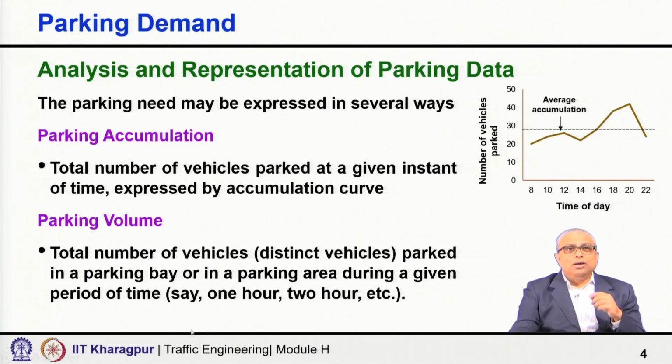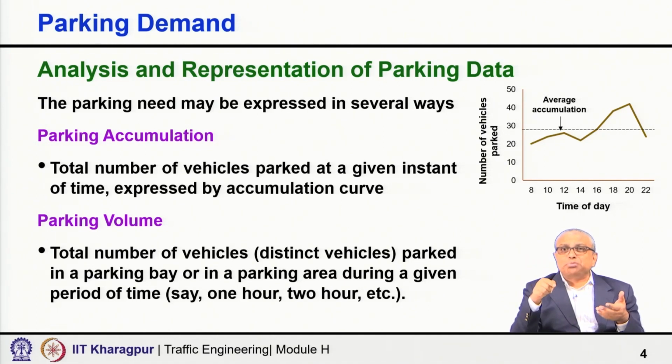Over a period of 1 hour, suppose I take the data every 15 minutes, for example, then I have visited 4 times. If I find 4 different vehicles parked, a different vehicle every time, then the volume will be 4.